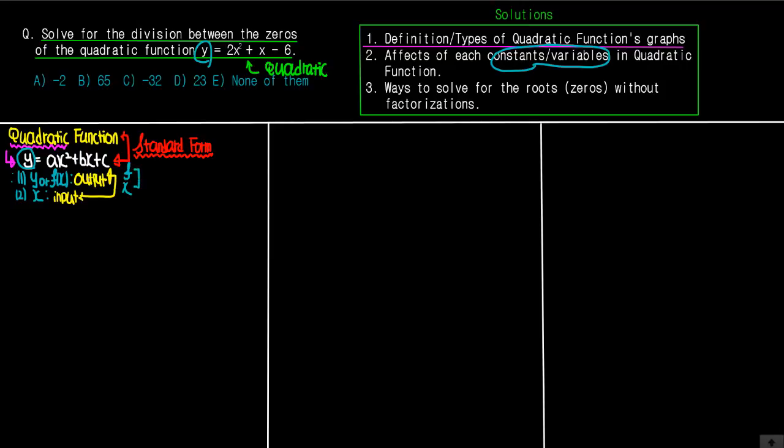If we add these together, we get f of x. And what is f of x? f of x is our function. That's why f of x is the most important thing when it comes to solving this kind of quadratic function problem.